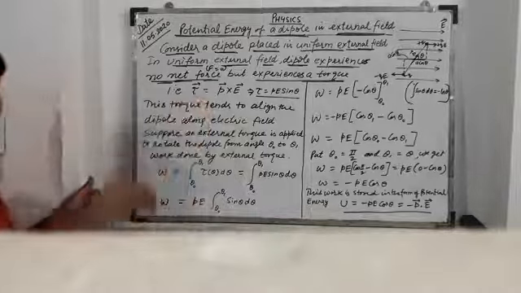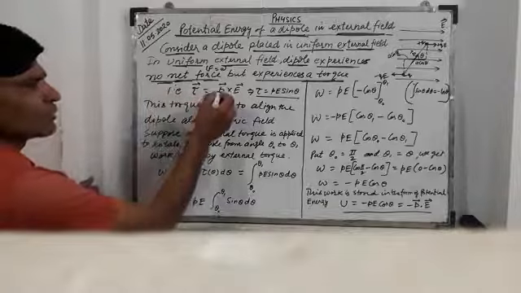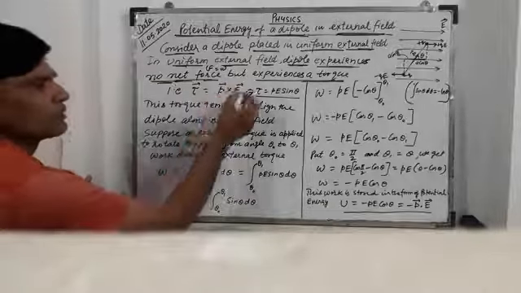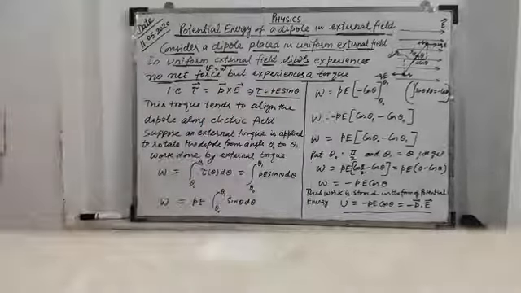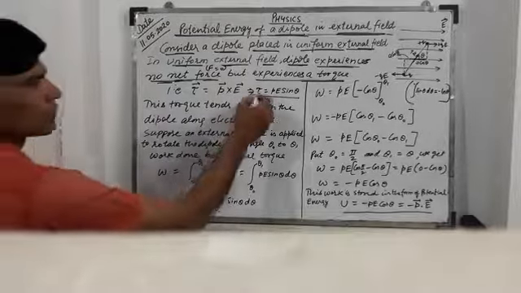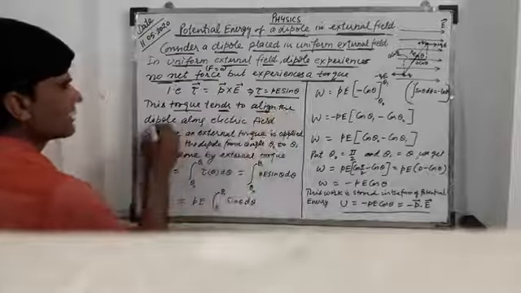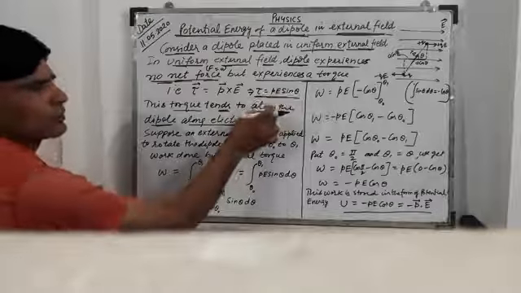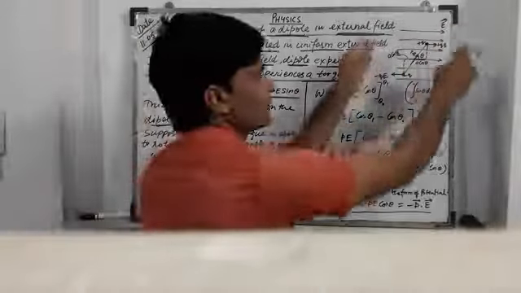As we discussed in previous topics, tau is equal to P cross E, and the cross product is equal to PE sin theta. This torque tends to align the dipole along the electric field, in this way.